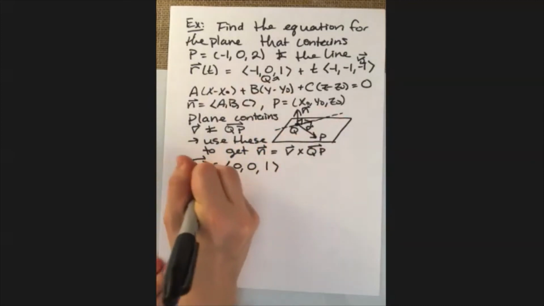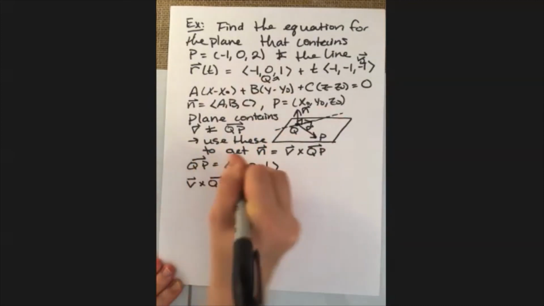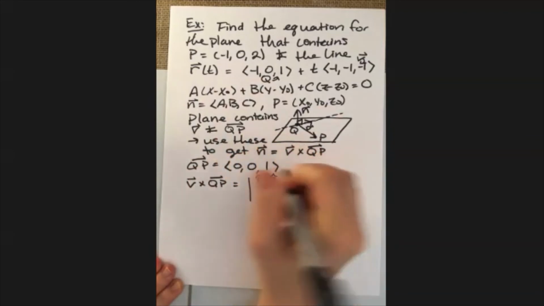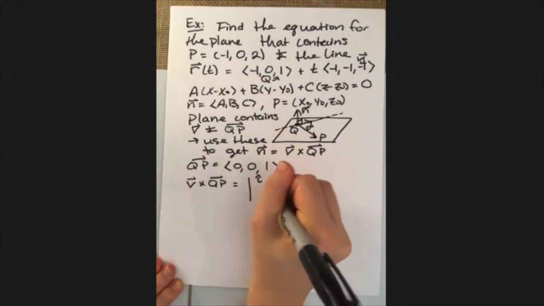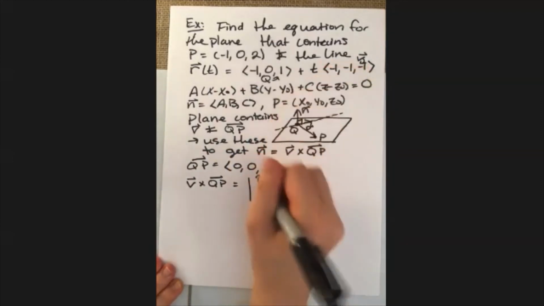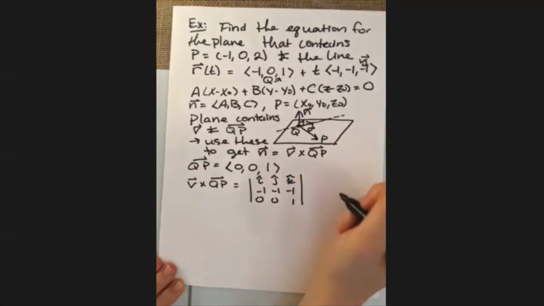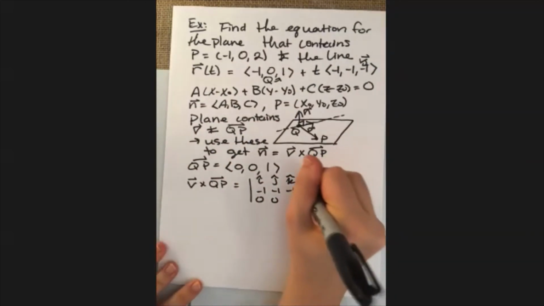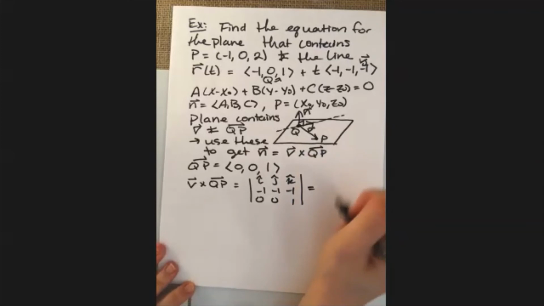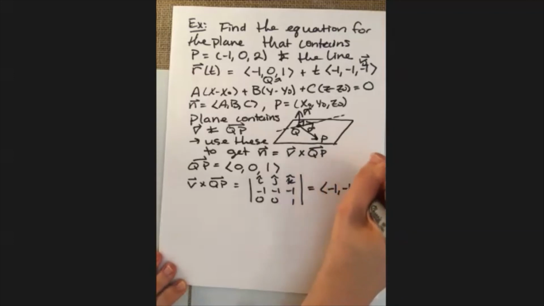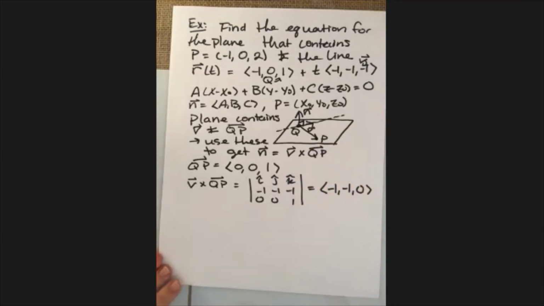So V cross QP, put those all into our determinant bars like so. V was equal to (-1, -1, -1), and then (0, 0, 1) here. And for our cross product, we will get (-1, -1, 0). This right here is going to be our normal vector.